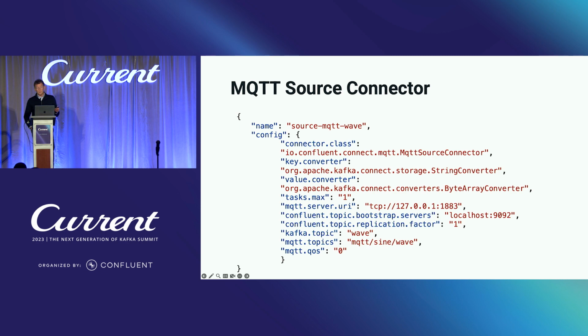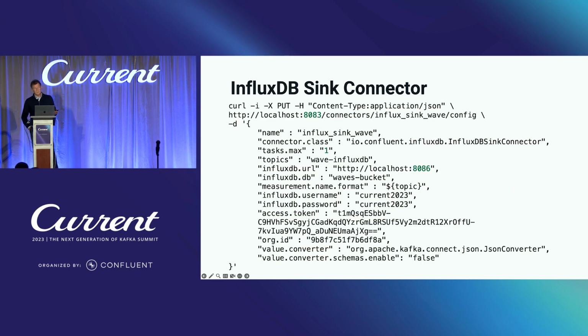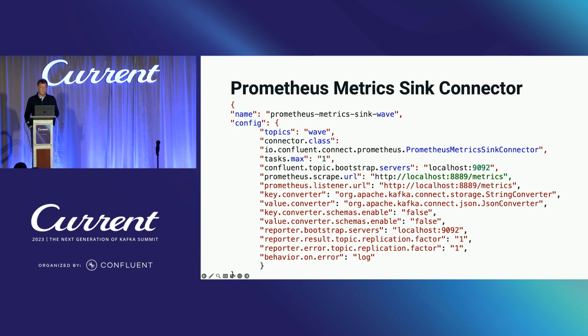And we have a MQTT source connector to pull data, and an InfluxDB sink connector. We're going to use InfluxDB as a time series database which will be populated from the Mosquitto to present our curves.